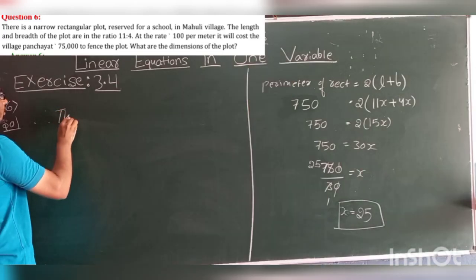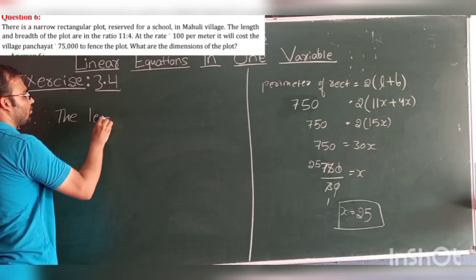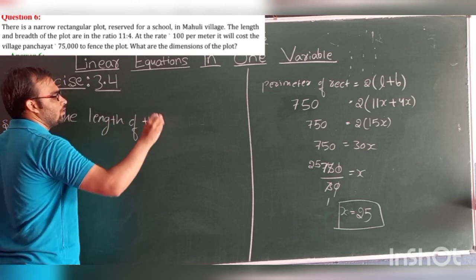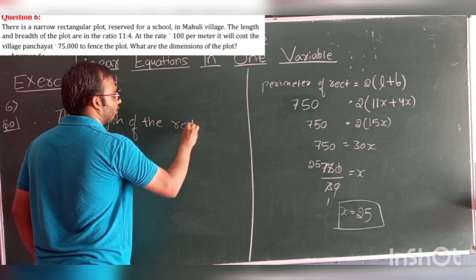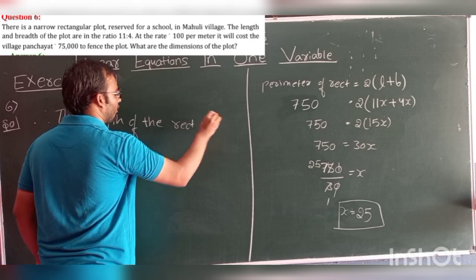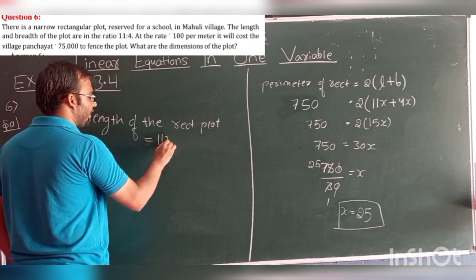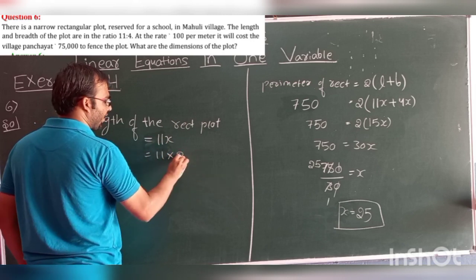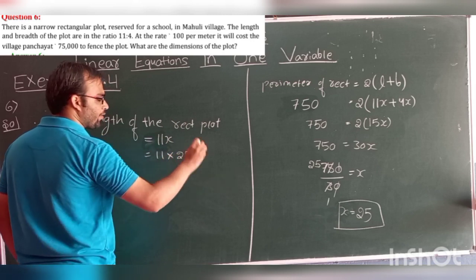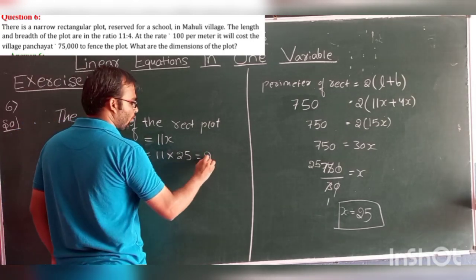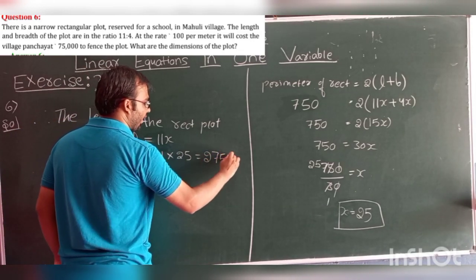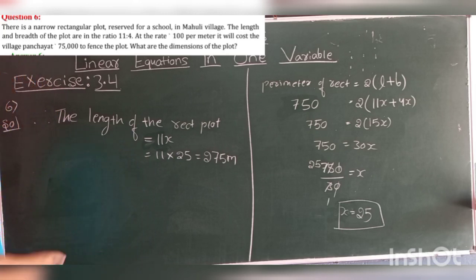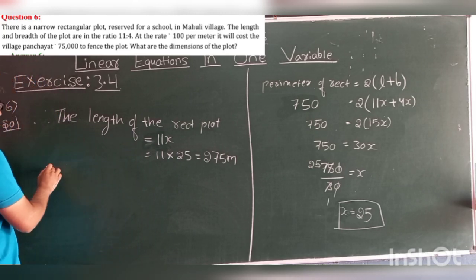Therefore, the length of the rectangular plot equals 11x, that is 11 into, what is x there? 25. 11 into 25 is how much, students? 275. Okay. So we have got the length of the rectangular plot as 275 meters.